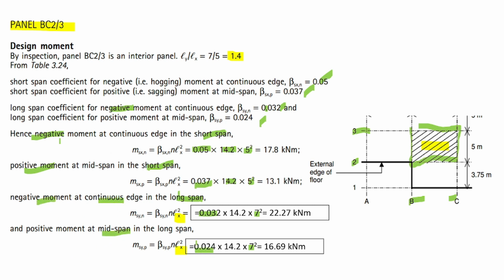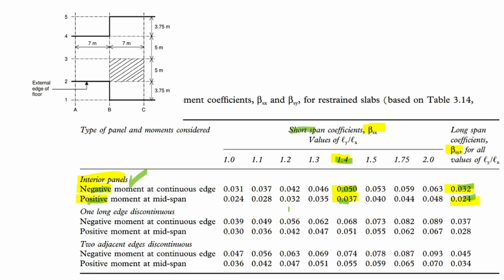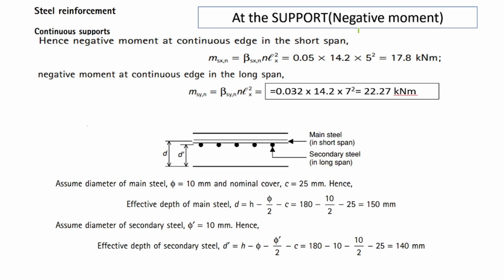So we are going to use these values, for example short span, mid span. You are going to have these values, and at the support here and here, we choose which is bigger. The bigger will be the main reinforcement, the smaller will be the secondary. This is the table again that you're going to use. Let's design at the support, meaning negative moment support. These values we take from there.